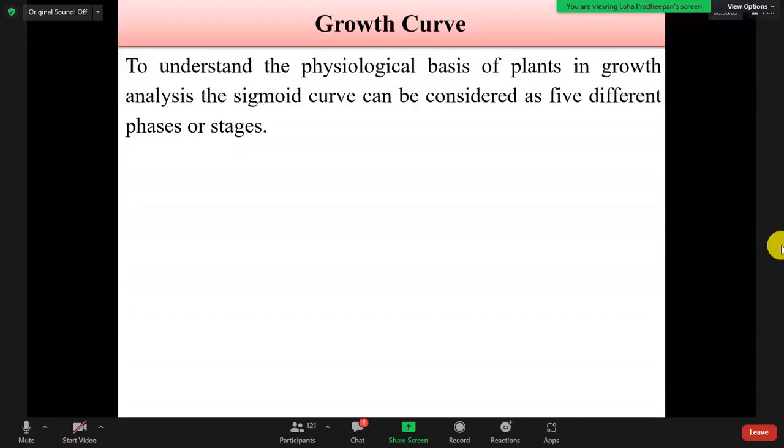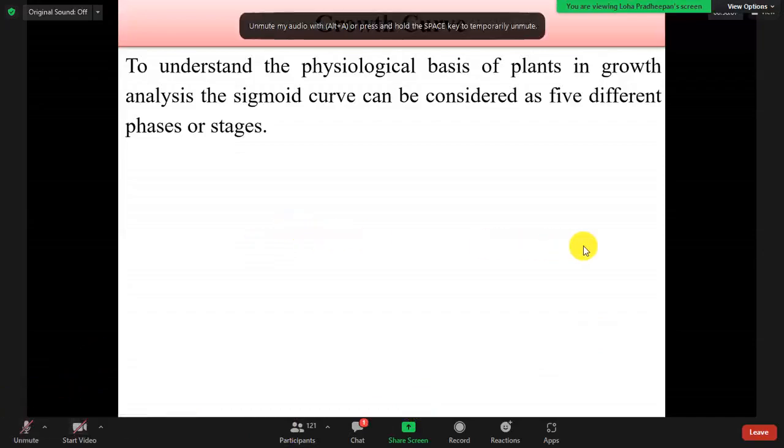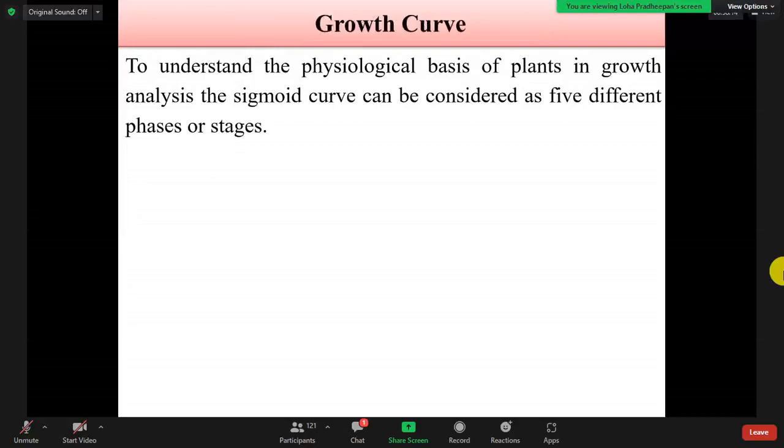Then the plant growth curve. In plants, we are able to obtain the S-shaped curve. If you plot the dry weight from seedling up to maturity, we are able to get the S-shaped graph, that is the sigmoidal curve.